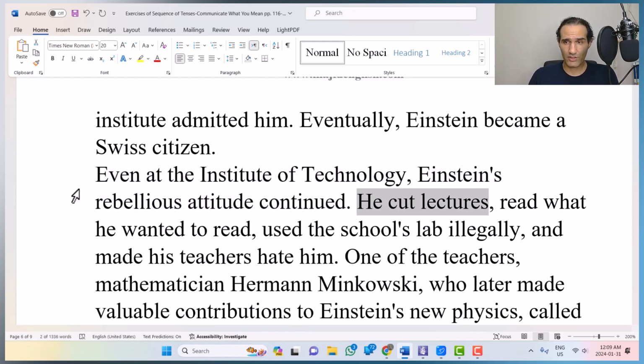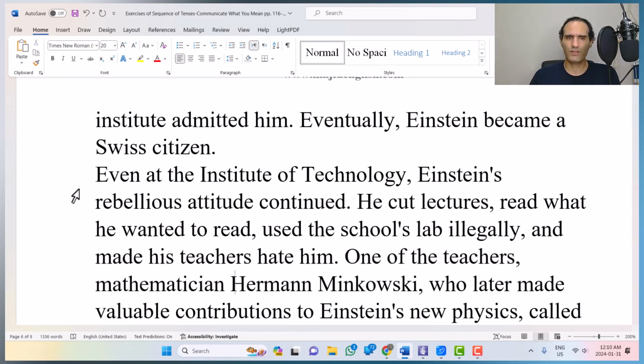He cut lectures. It means while the lectures were going on, he just left the room. He did not continue the lecture. He did not sit the lecture to the end. Read what he wanted to read, used the school's lab illegally, and made his teachers hate him.